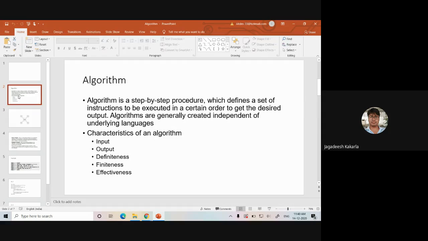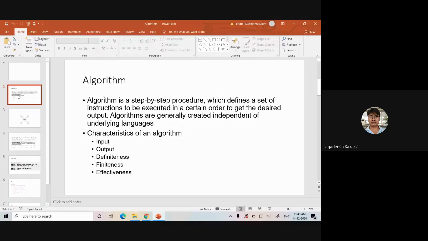Is it clear? So, an algorithm is a step-by-step procedure which defines a set of instructions to be executed in a certain order to get the desired output. And one more thing, algorithms are generally created independent of the underlying language.